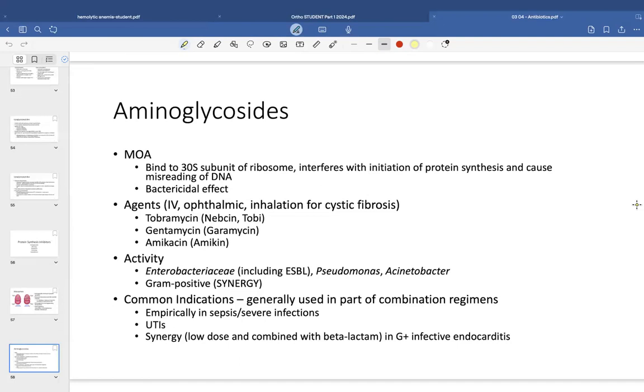So, really, just a rule of thumb: most of your aminoglycoside usage will be synergy with the beta-lactam. And so it's working the cell wall, beta-lactam working with the ribosome together there.